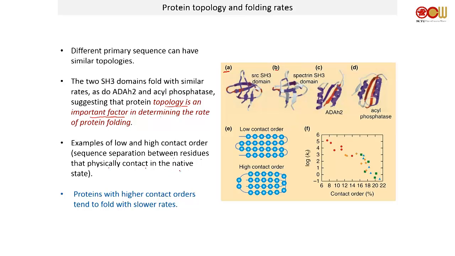Essentially you can think of it as this. A protein that has low contact order is when this little ball right here and another ball that has physical contact with each other are close to each other. Something that has high contact order is the opposite. So this protein goes like this, like that, comes out, and then like that.